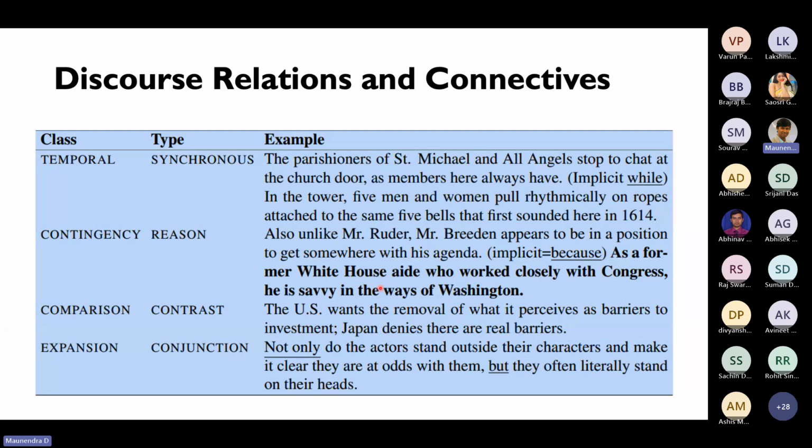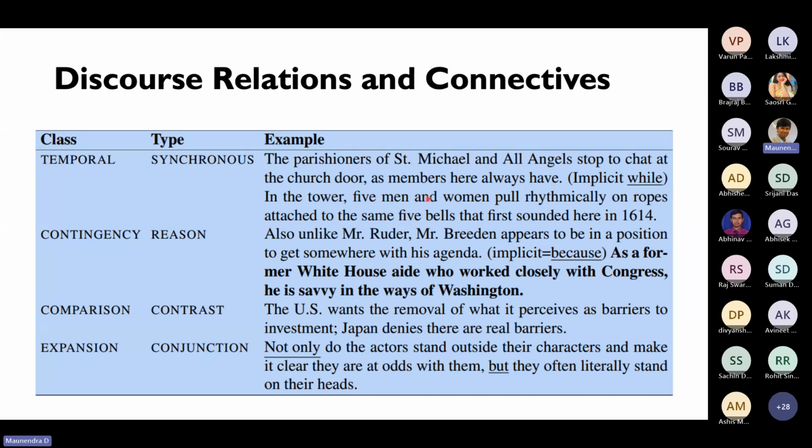There are several different types of discourse relations, and some of them are mentioned here. For the first one, look at this: the parishioners of St. Michael and All Angels stop to chat at the church door, as members here always have.